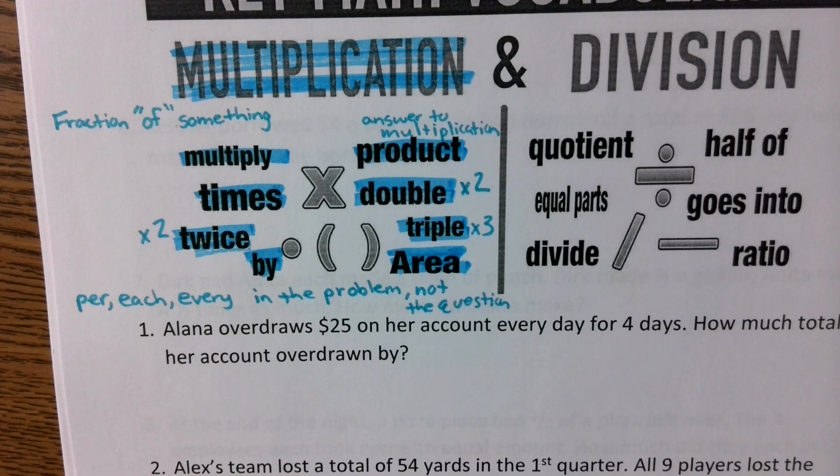Now that would be different if the question said, hey, Ava gave out 100 sticks of gum to students in the class, and there are 20 students in the class. How much gum did each student get? Or how much gum did every student get? Or how much gum per student? That's when it's in the question, and that becomes a division problem.